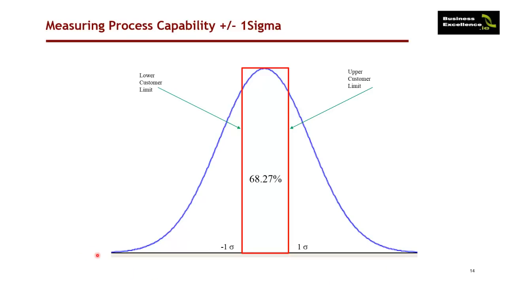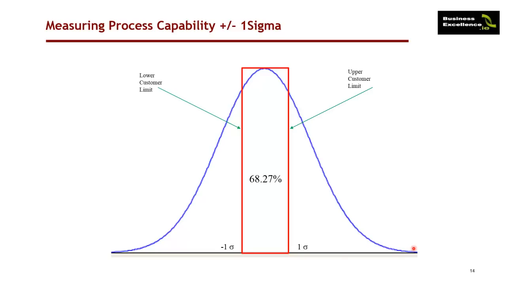The output of our process is defined by the blue line that we're identifying here. As we can see, a certain percentage of the output fits within the red box, and a certain percentage fits outside the red box. In this particular situation, 68% of what's produced by this process actually fits within the red area.